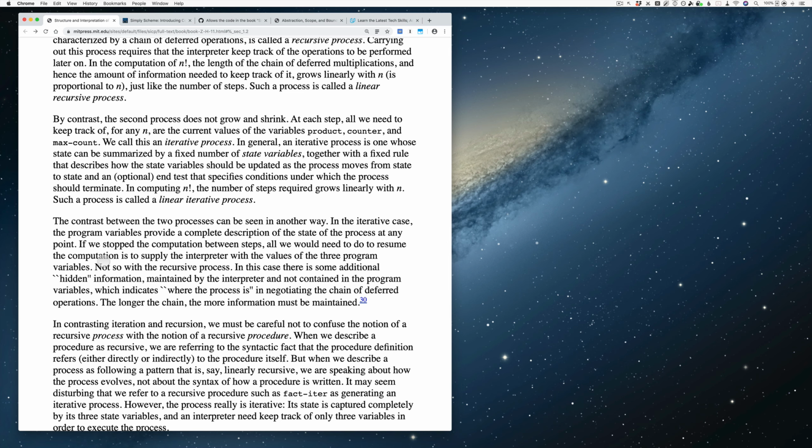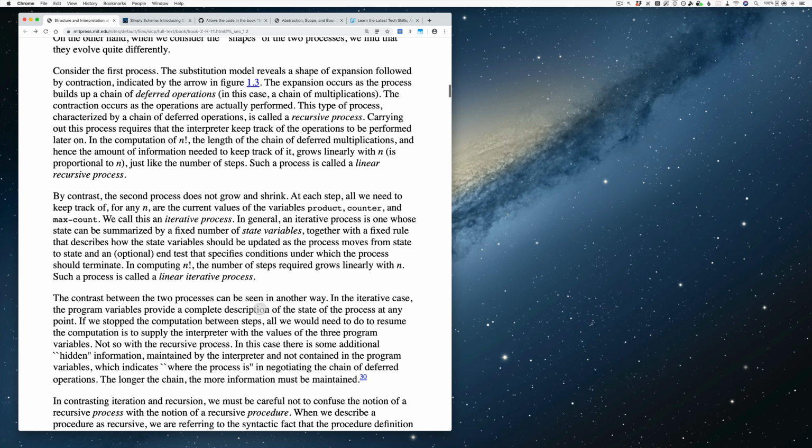Not so with the recursive process. In this case, there is some additional hidden information maintained by the interpreter and not contained in the program variables, which indicates where the process is in negotiating the chain of deferred operations. The longer the chain, the more information must be maintained.